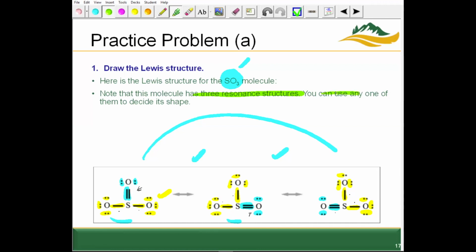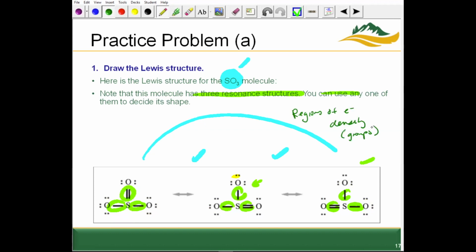Why can we use any one of them? Well, we'll notice we have 1, 2, 3 groups around this sulfur, 1, 2, 3, 1, 2, 3. So it doesn't matter which one we pick because they all have 3 groups around the central atom of sulfur. And so what you may be wondering about is these regions of electron density, or these electron groups around the central atom.